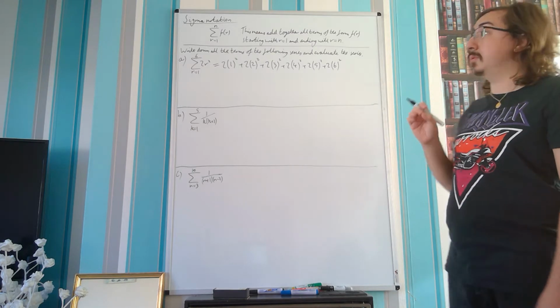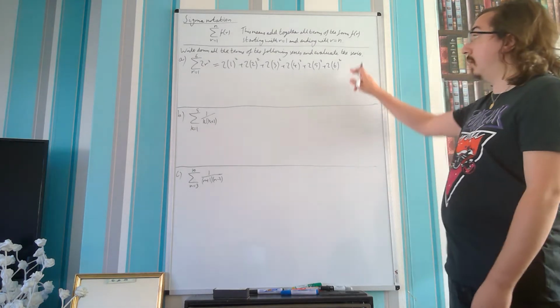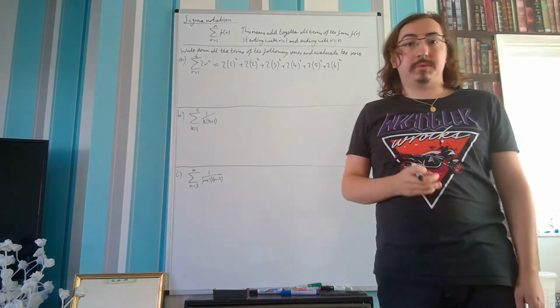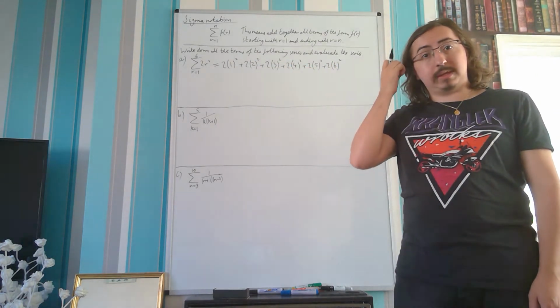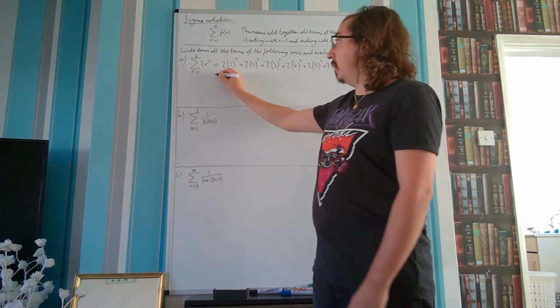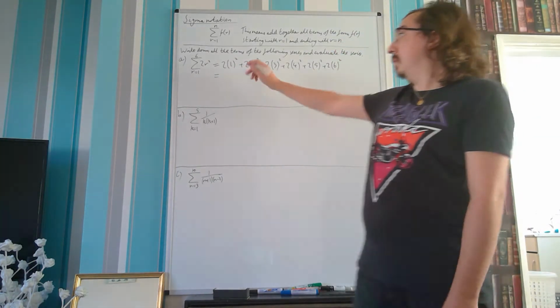And that's all that notation really means, where we're going from r equals 1 all the way up to r is equal to 6. And because it's representing a series, they are going up in integer values. So let's simplify this then.